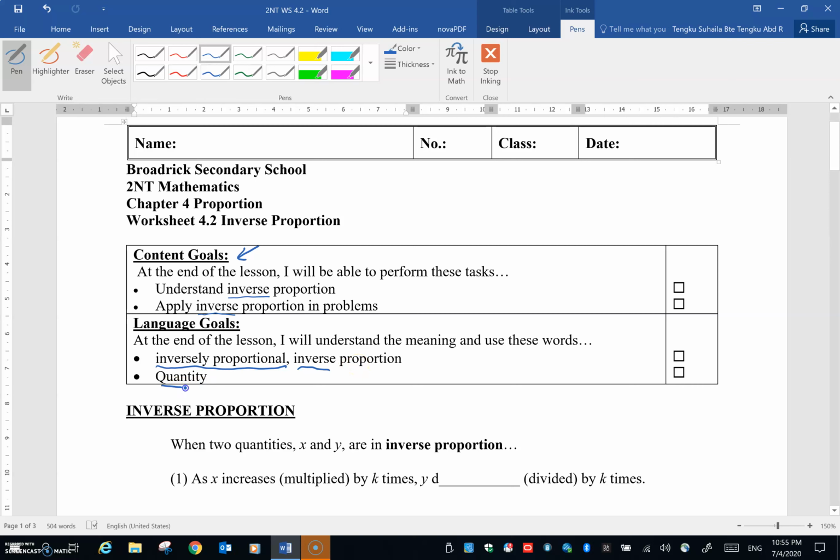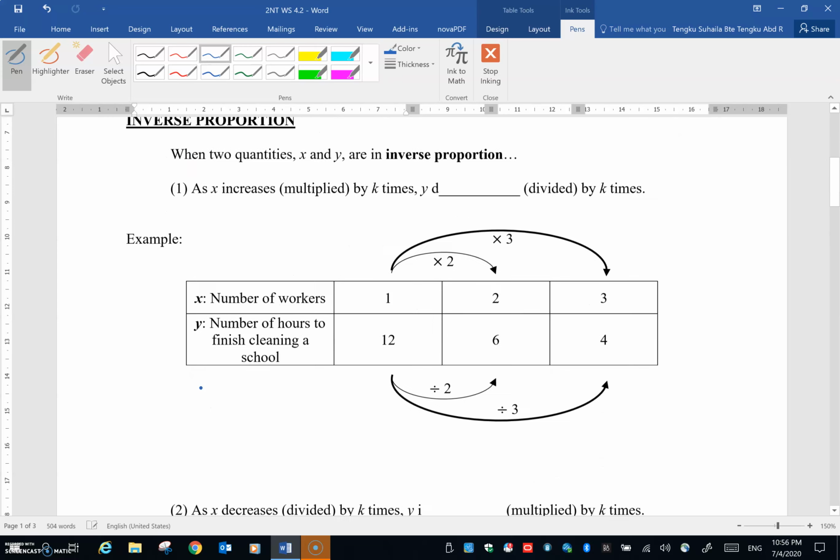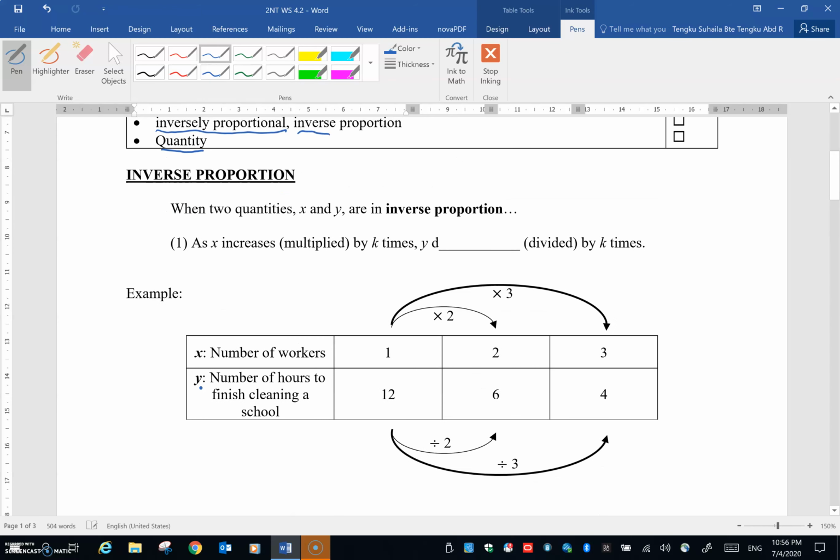We have seen this word quantity appear in direct proportion in the previous worksheet. So let's go on to what we're going to learn about inverse proportion. When two quantities x and y are in inverse proportion, we will see that as x increases, and we have learned that when something increases, usually it's multiplied by some number, y decreases.